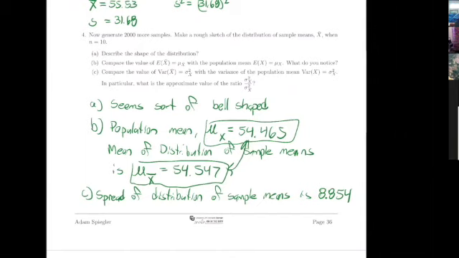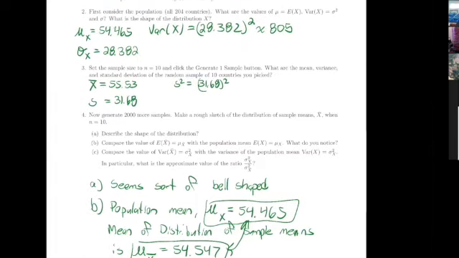That's really close to the center of this distribution of sample means, which was also about 54. The population standard deviation, that we're going to denote with a sigma, we use for standard deviation. Its corresponding variance would be that 28 squared, which is about 805.